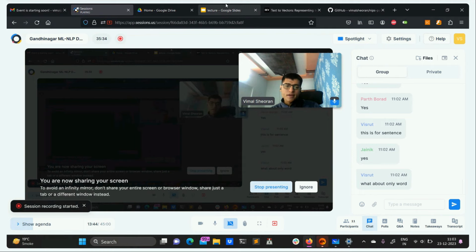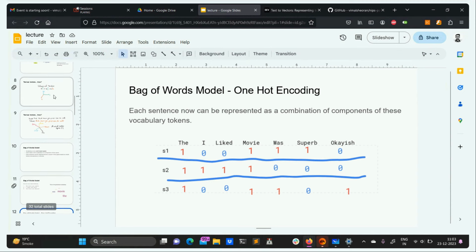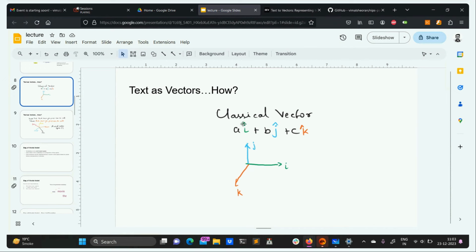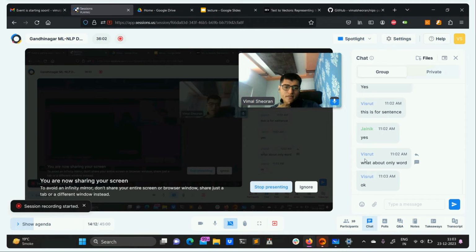For this particular example, you cannot really represent only words, because if I say "the," then it's actually a component. It's actually a principal axis. I cannot write a vector as just I cap. That's not really a vector; it means a unit in that direction. This would really only make sense when we talk about entire sentences. That makes sense?